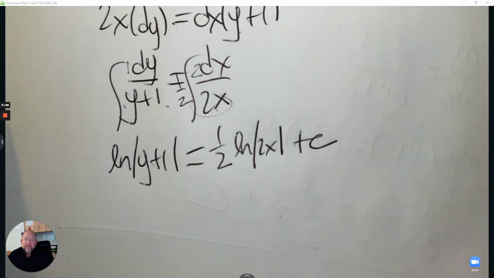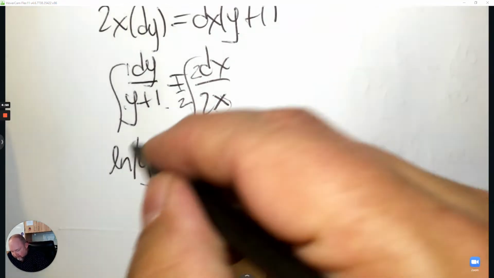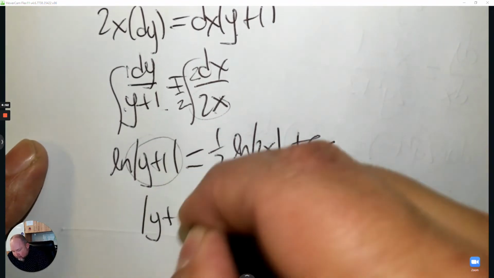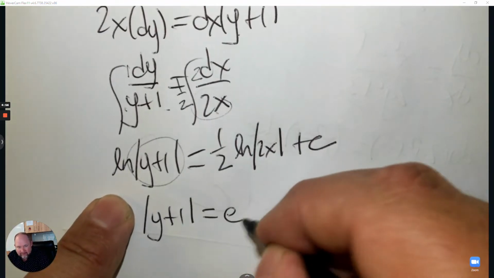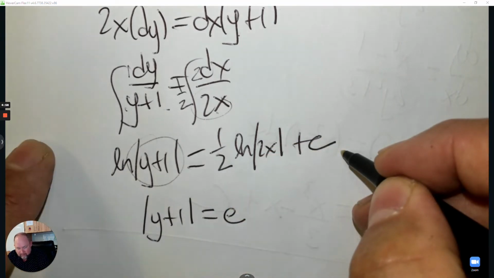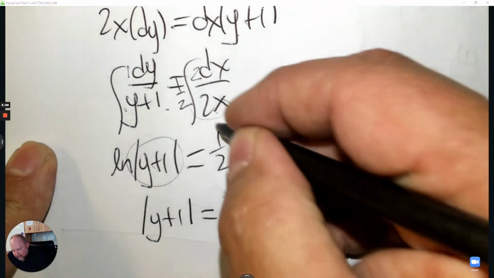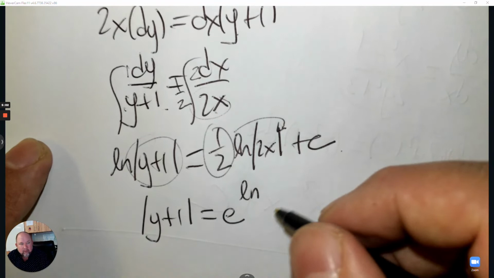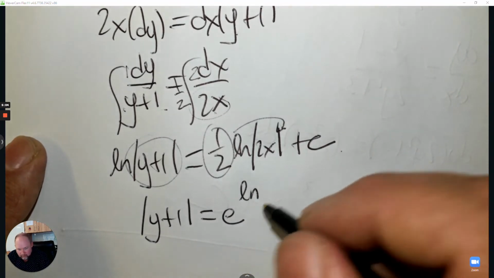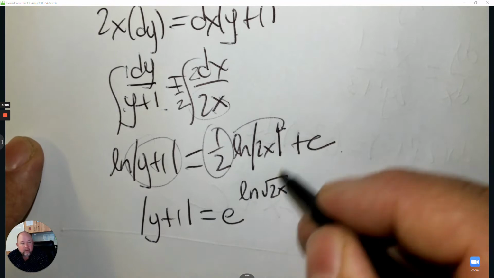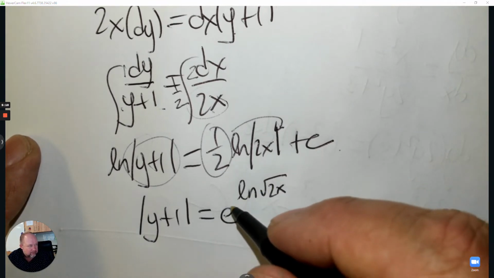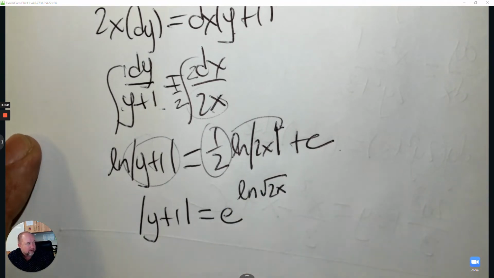It's a logarithm, so I'm going to write it exponentially. So what's inside the logarithm is y plus 1. And then the base for ln is e, and then this goes in the exponent. Now, I already know this exponent will make that the square root of 2x. The square root of something already is positive, so we can just leave it as the square root of 2x.